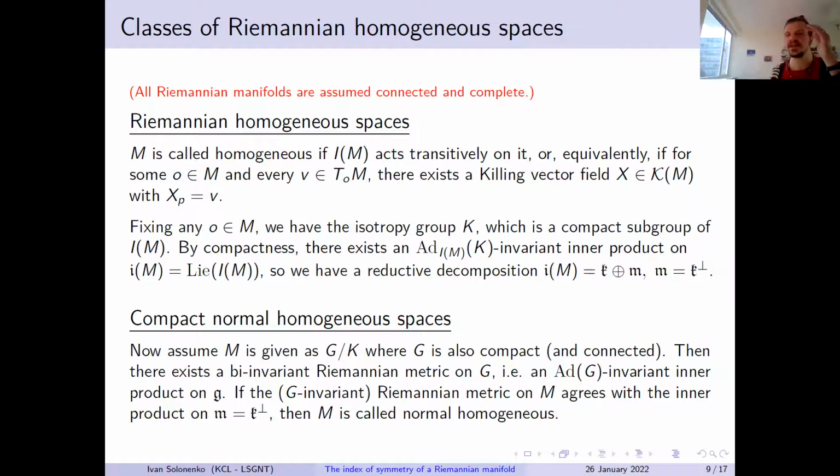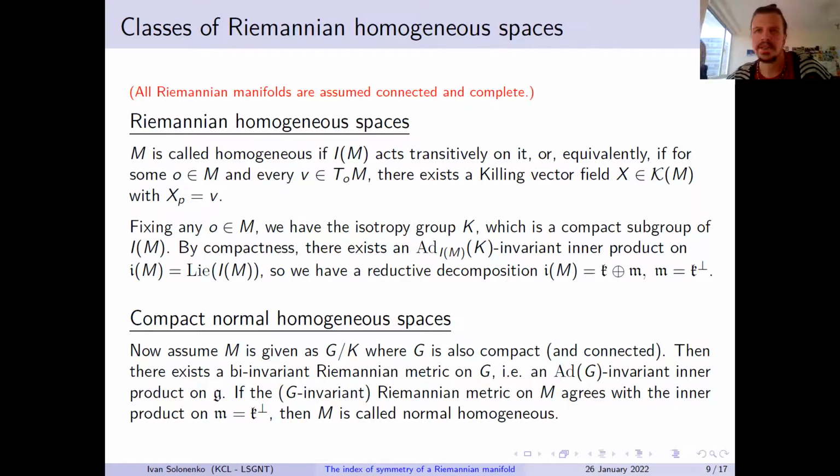So in general, in this construction above for Riemannian homogeneous spaces, your inner product on g was just K-invariant. But here there are nicer inner products on g, which are G-invariant. And if you can do this with respect to them, then your metric is called normal homogeneous. Now, we can define normal homogeneous spaces if your Lie group G is not necessarily compact, but it admits a bi-invariant metric anyway.